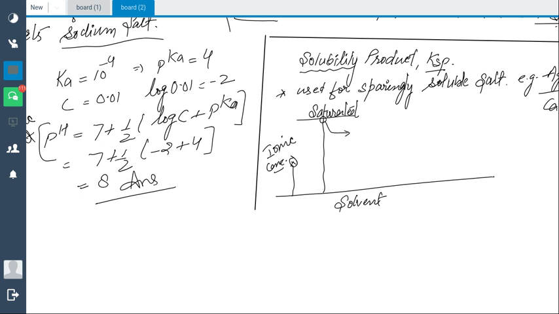So here, whatever is the concentration, that is termed as solubility. Concentration at saturation point.